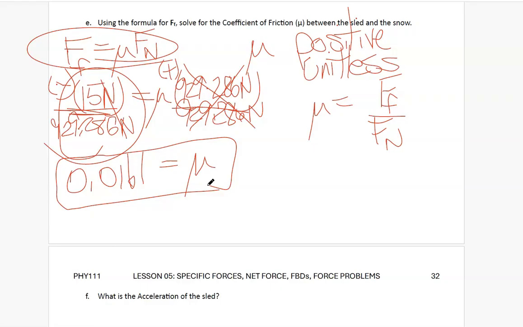You've got a sled that's designed to slide easily on ice and snow, and it's on ice and snow. So we would expect the coefficient of friction to be a very low number, close to zero. And in fact, it is close to zero, 0.0161. So that's perfectly acceptable and expected even.